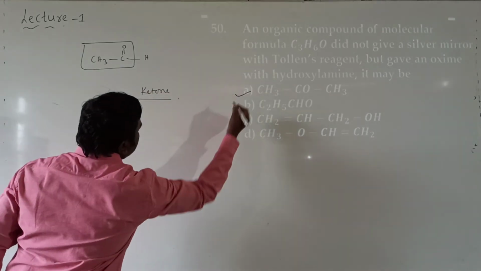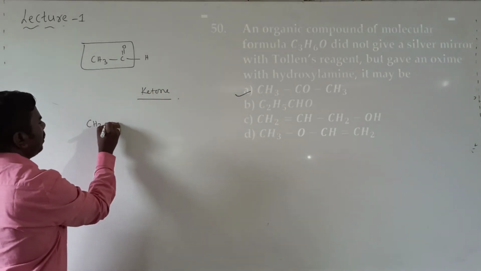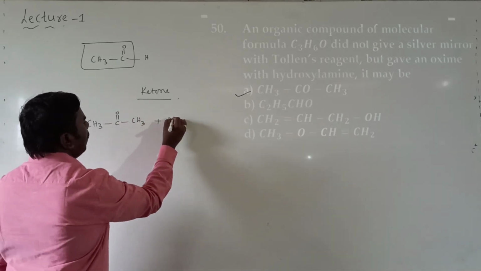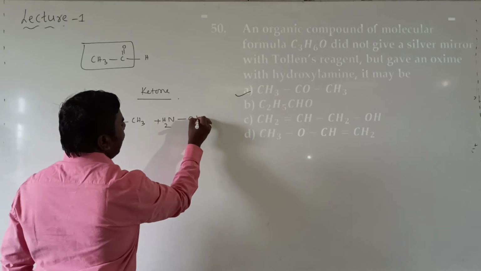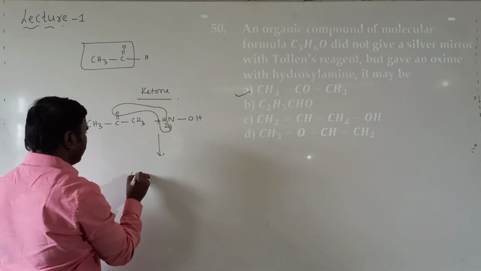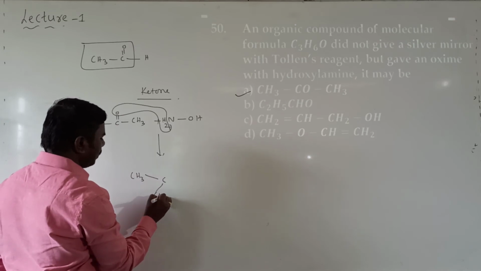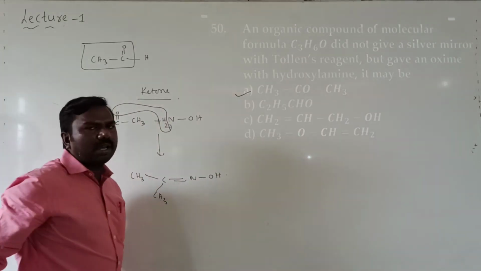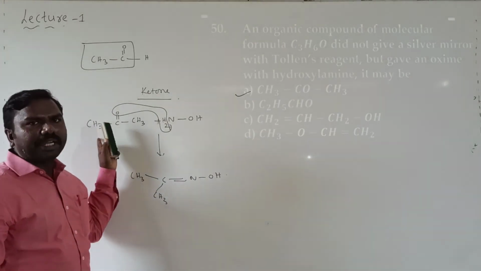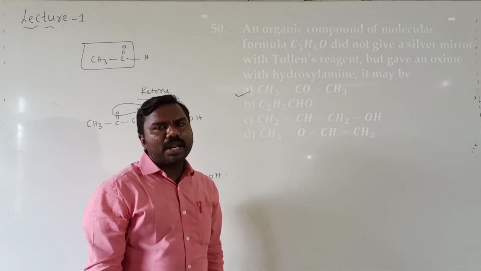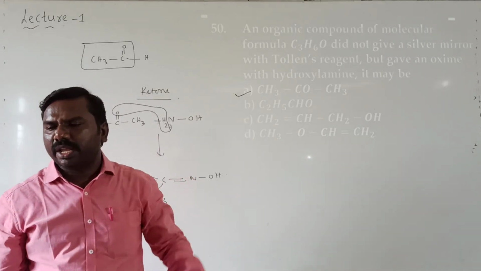Ketone means I am taking answer A. CH3, C double bond O, CH3, treated with NH2OH, hydroxylamine. Water will be removed. Then you get CH3, C, CH3, double bond NOH. It is called oxime. Oxime is possible with ketone, but ketones never give the test with Tollens' reagent. Answer will be option A.